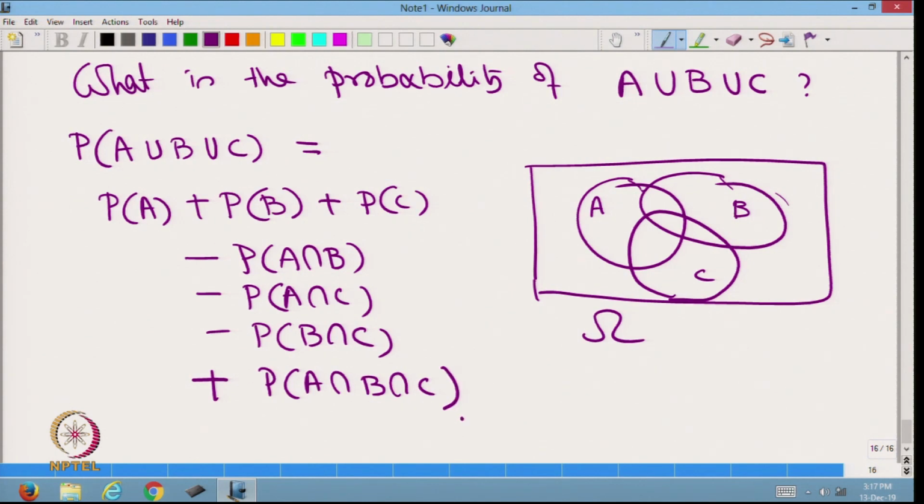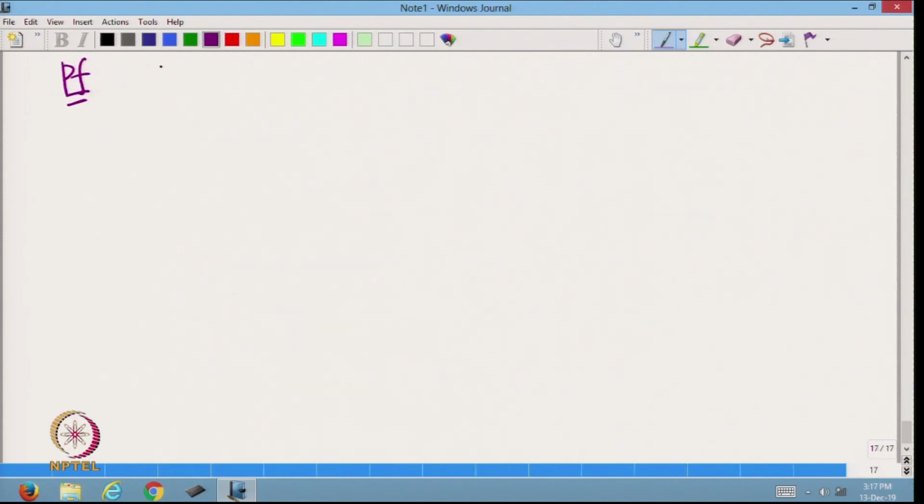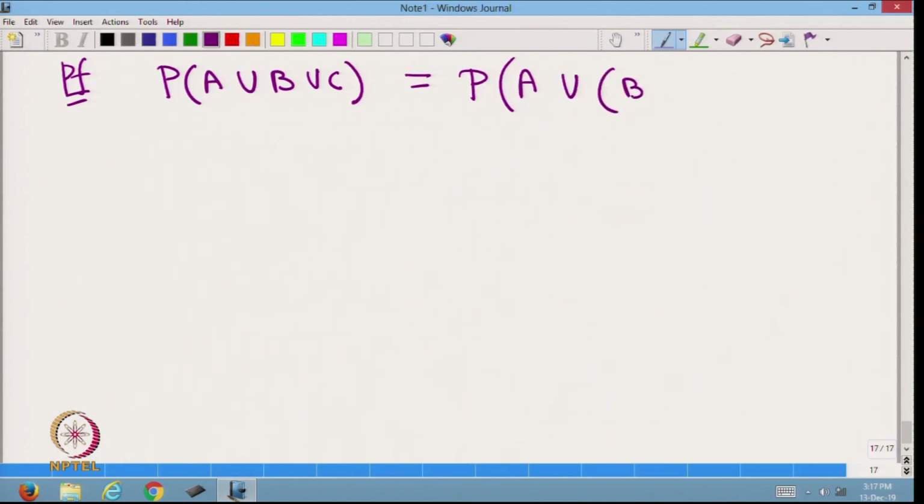So, that is the formula. Let me prove it. Proof: probability of A union B union C, we can write it as a union of two events, probability of A union (B union C).